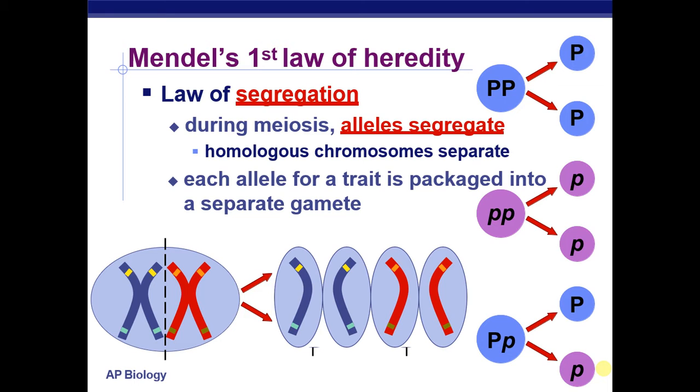So when we make gametes, each gamete has half of the genetic material of the cell that started out as the parent cell. And so those alleles segregate, or they split up.